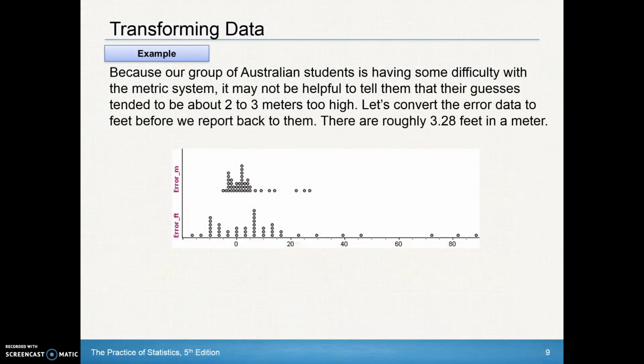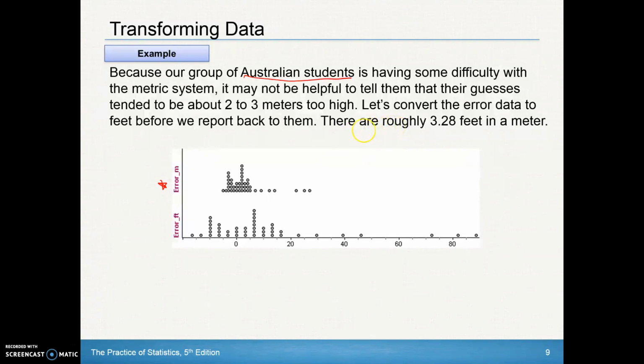Here's an example of that. Here are some scores. It looks like something about Australian students and the metric system, and some guessing and errors, but the data is not important for this demonstration.